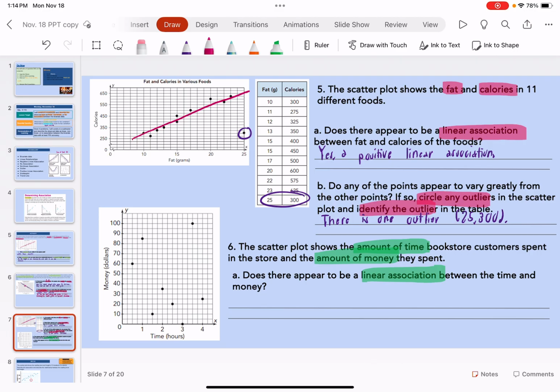So some students I might see would draw the line like this, or they might draw the line like this. But in this case, there is no association. There's no linear association. So we're going to say nonlinear association, which is technically correct. And then to be more specific, we're going to say no association.